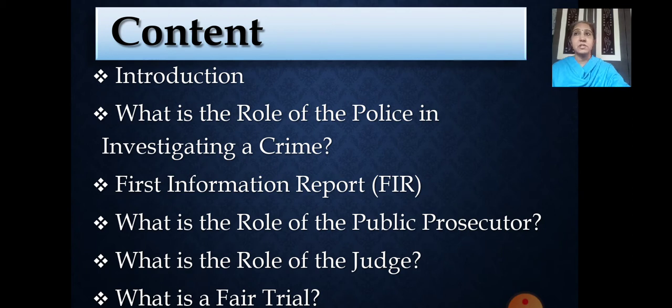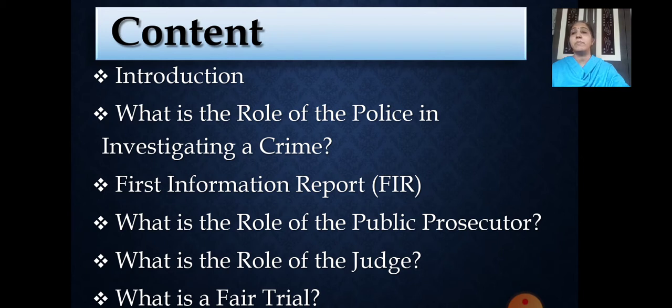Then the judge decides whether the accused person is guilty or innocent on the basis of that, and that too in accordance with the law, right? Then he may send the person to jail or impose a fine or both, depending on what the law prescribes, right? This is the important role of the judge.